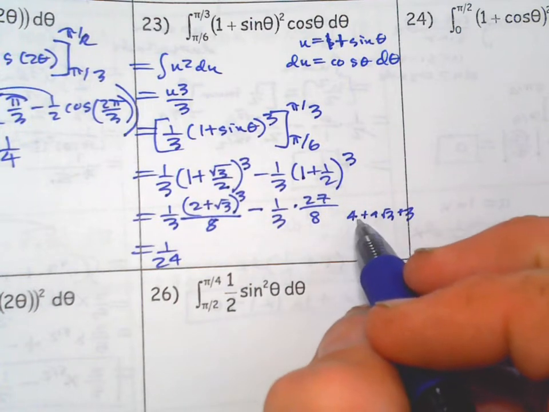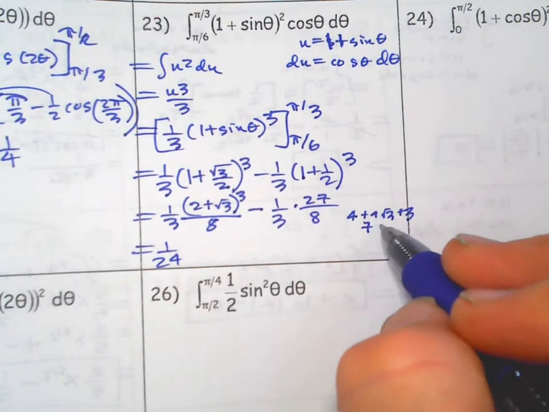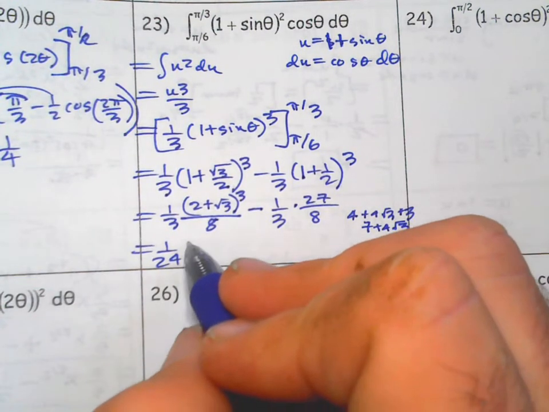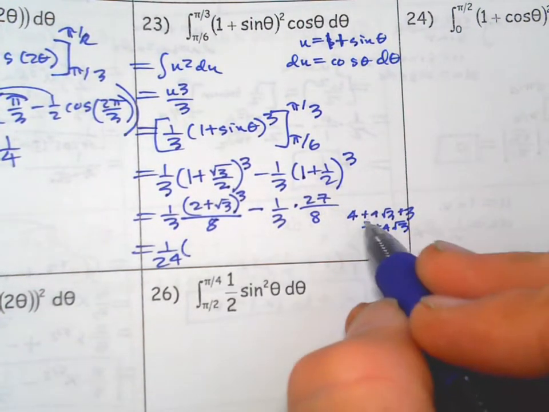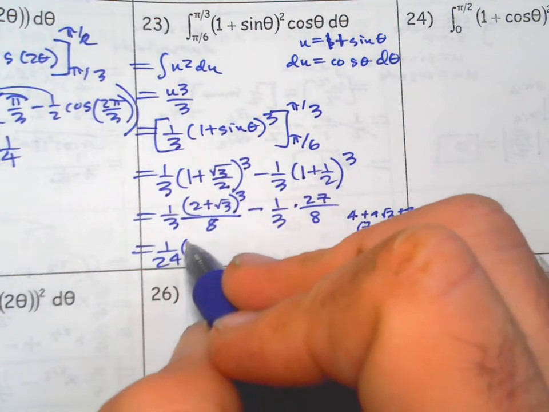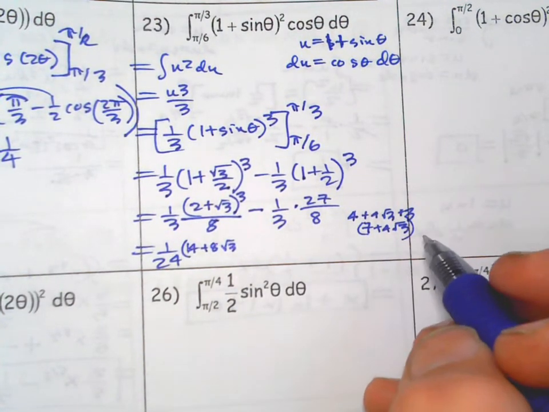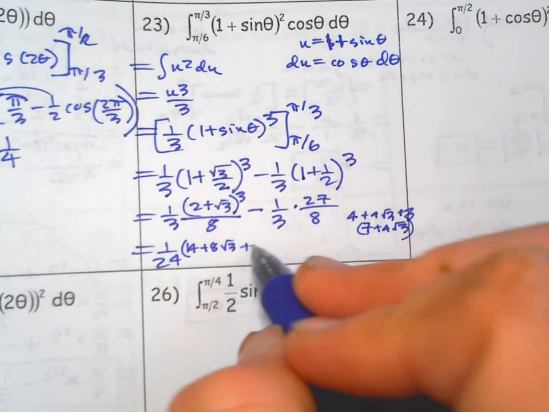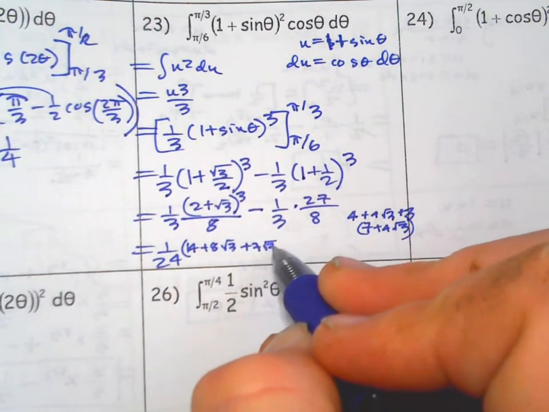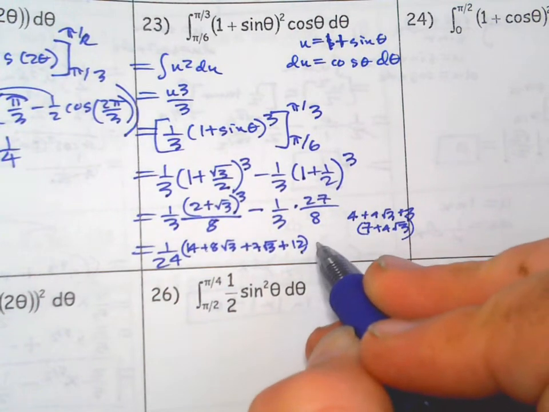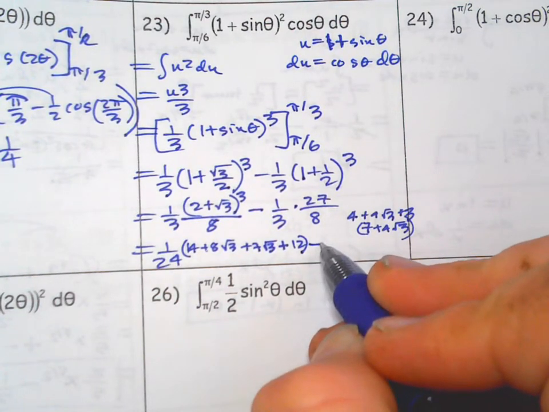That's going to be 7. And then you're going to multiply it by another 2 plus that. So that's going to be 14 plus 8 root 3 plus 7 root 3 plus 12 minus 27.